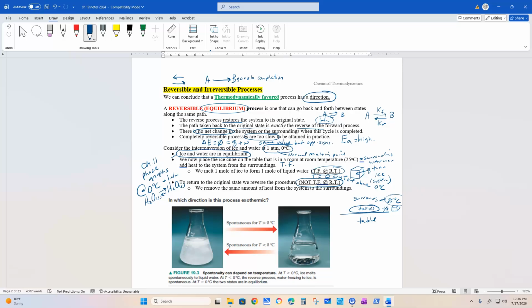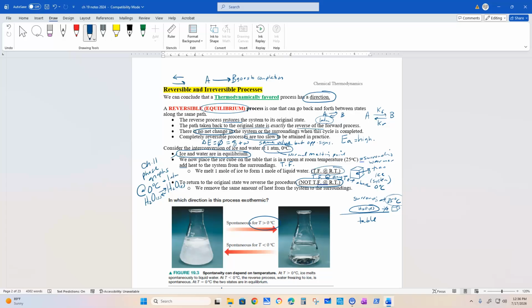So notice right here, I have an Erlenmeyer flask, and I'm reading right here, it says spontaneity can depend on temperature. It definitely depends on temperature. At temperatures higher than 0, ice melts spontaneously to form liquid water. So as long as that temperature is above 0, it will happen on its own.